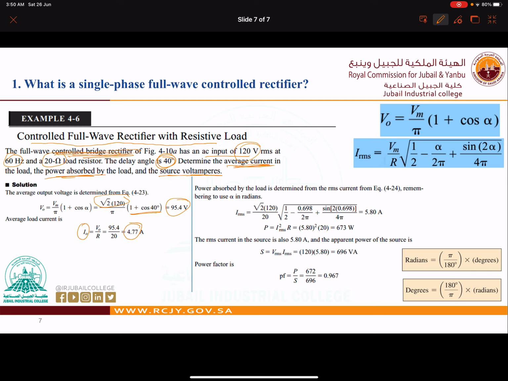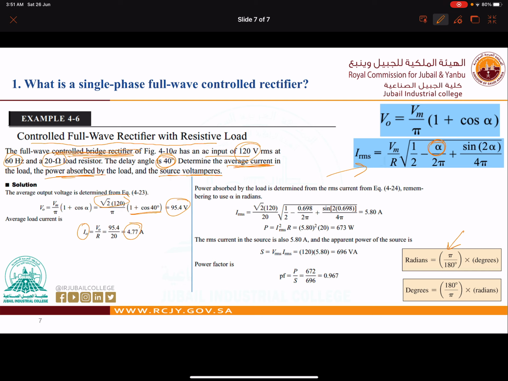This is the average current of the load, okay? Now, in order to find IRMS, we need to use this formula, and make sure that alpha should be in radian, right? So we will use this formula to convert 40 degree into radian.